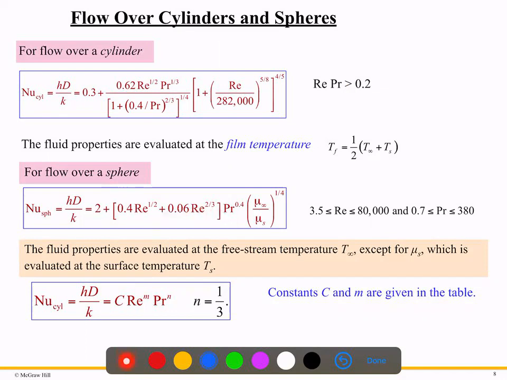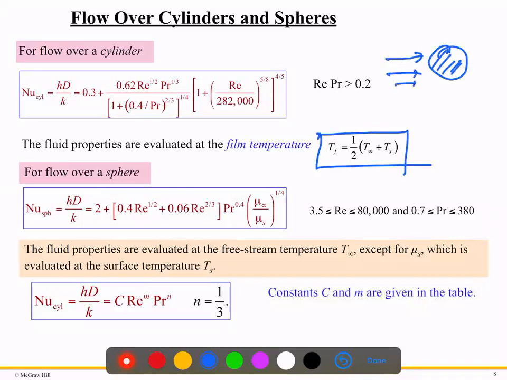Just keep in mind, in that case, we'll use the film temperature. This is the cylinder, so the flow is going this way. We say Ts is the surface temperature, and T infinity is the air temperature. Half of the sum of these is called the film temperature. So for flow over a sphere, we'll use this. Okay, so this is the case.